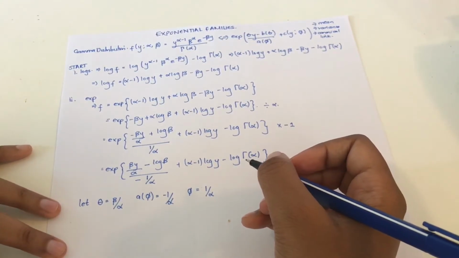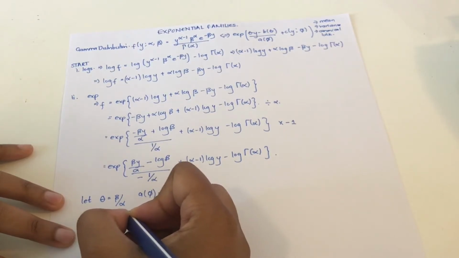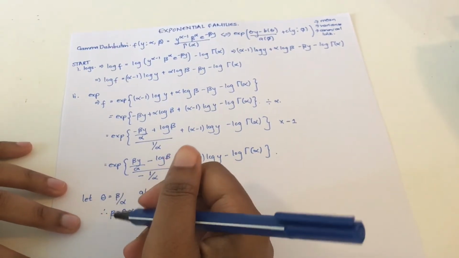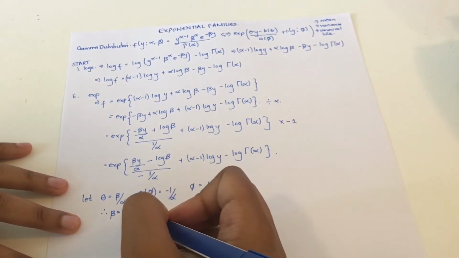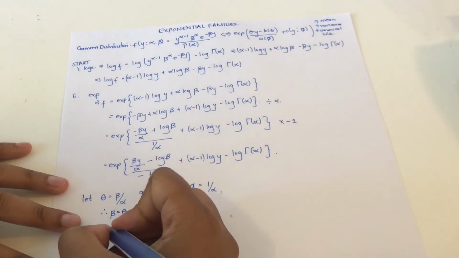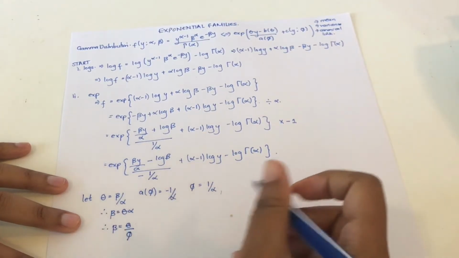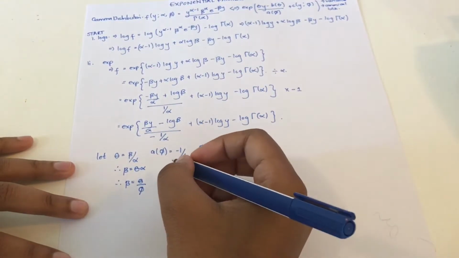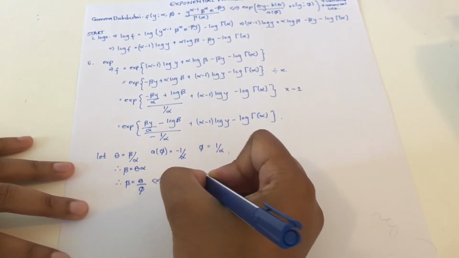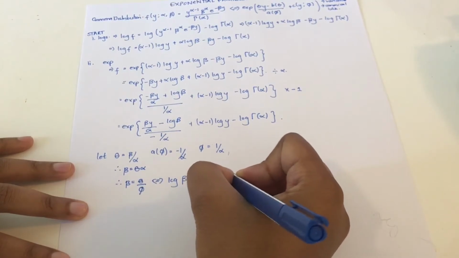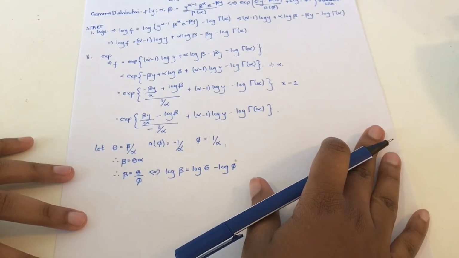And therefore, we can rearrange that and write beta is equal to theta times alpha. And if you do the algebra, we can also say that beta is equal to theta over phi. All right, do you see that? And if we take the log of both sides, we say that log beta is equal to log theta minus log phi. So that makes sense algebraically.